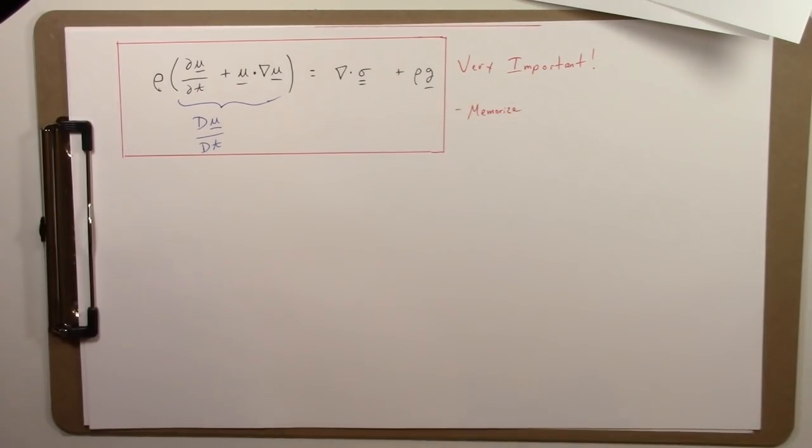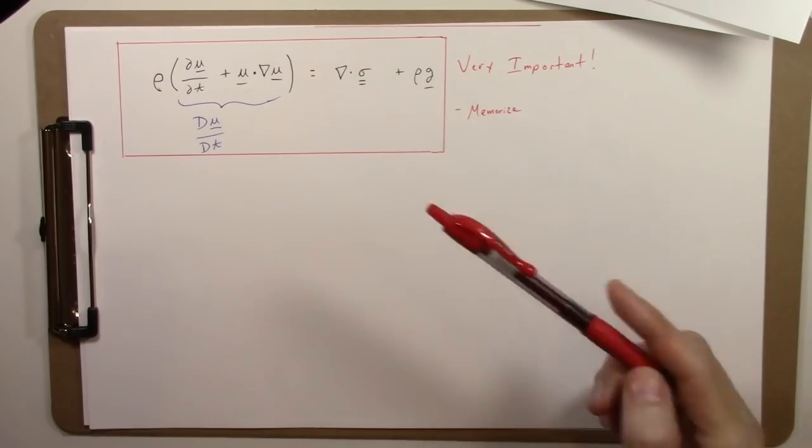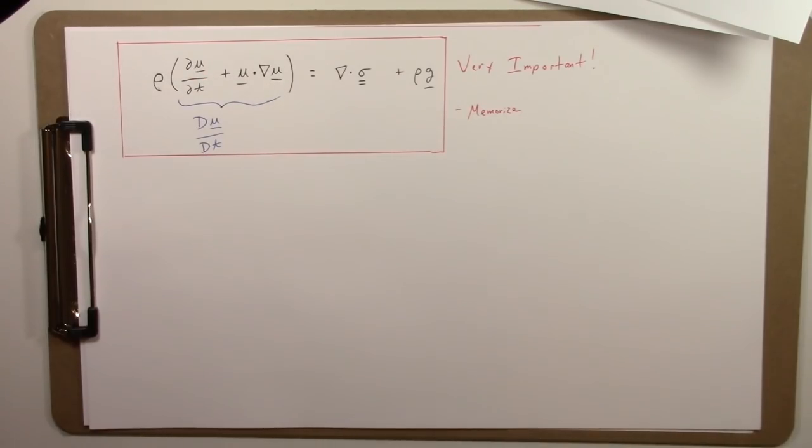You can memorize it in the simplified form: rho Du/Dt, material derivative, equals del dot sigma plus rho g, and you should know the material derivative is du/dt plus u dot del u.